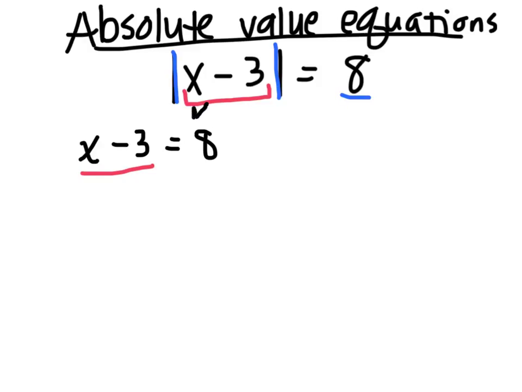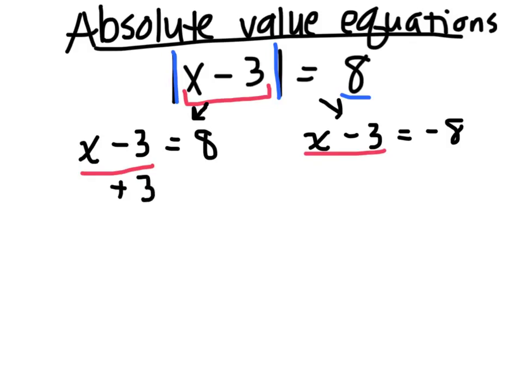The other possibility is that x minus 3 could be equal to -8, because if x minus 3 is equal to -8, I end up taking the absolute value of -8, which is in fact 8. So I really have two equations I need to solve for.